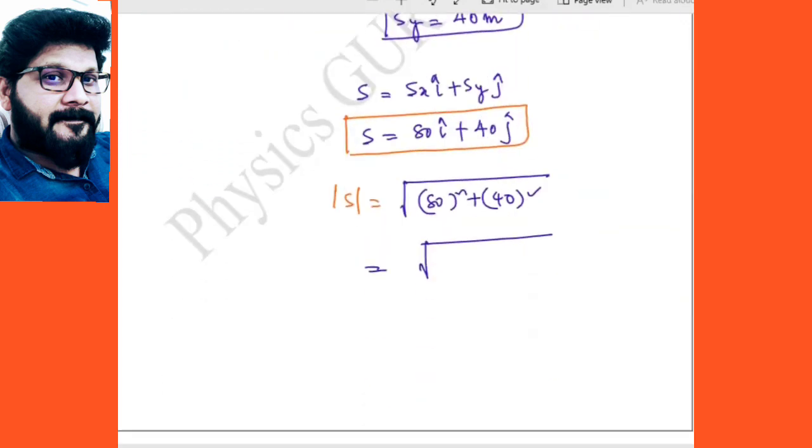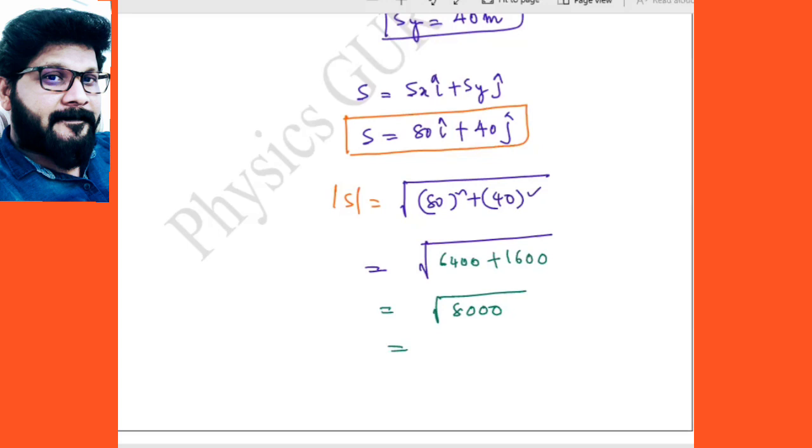So the resultant displacement is root of 6400 plus 1600. Anybody nearby answer? Under root of 8000. What is root 8000?